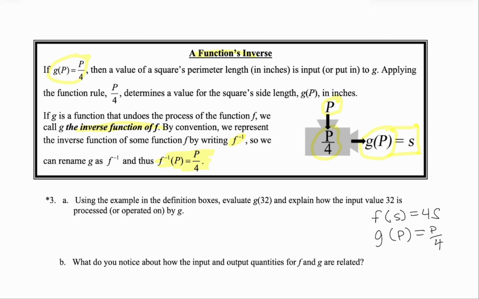So this is a perimeter, this is a side length. So when it says g of 32, what that means is that was our perimeter, and they want to find the side length.